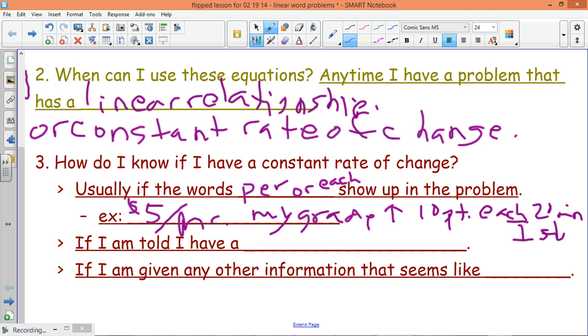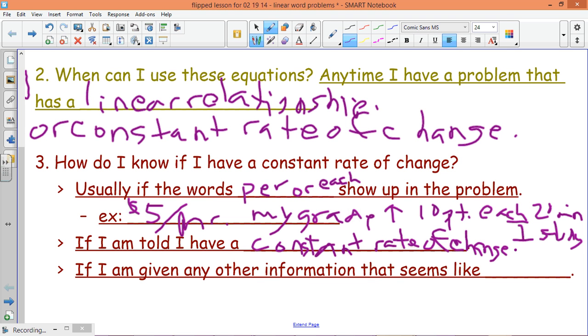Okay, that's one way we know that we have a constant rate of change. Another way, if I am told I have a constant rate of change. That one seems so obvious, but if it says I have a constant rate of change, your mind should immediately be thinking, yay, linear equation time.